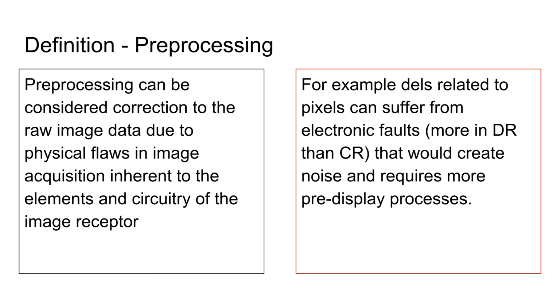And these processes happen in both CR and DR, but there are some distinct differences that we'll go over. So we're looking for pixels that might be turned off, right, known as dead pixels. So there are some fixing things that have to happen during the processing.